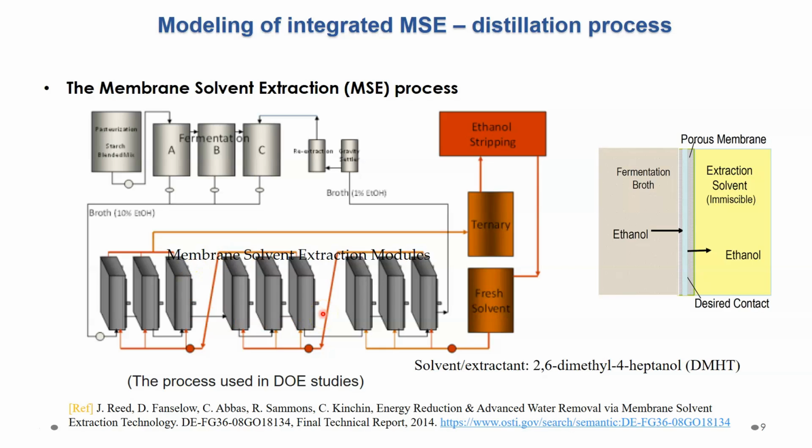At the same time, the extractant enters the last membrane module in a countercurrent flow. The thin broth from MSE, after removal of crossover extractant by gravity and re-extraction with dodecane, is recycled to fermentation. The ternary from MSE enters the solvent column to strip off the extractant for reuse in MSE.